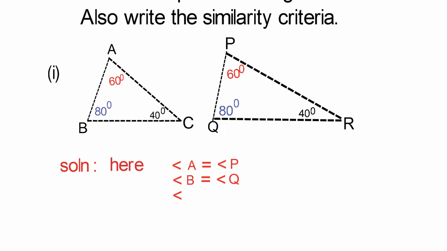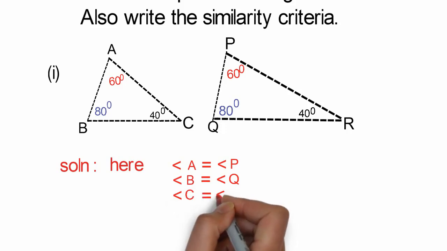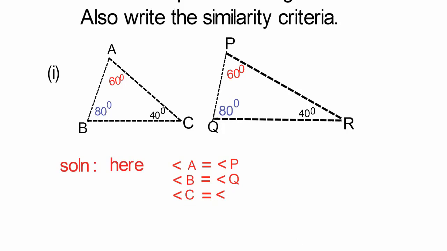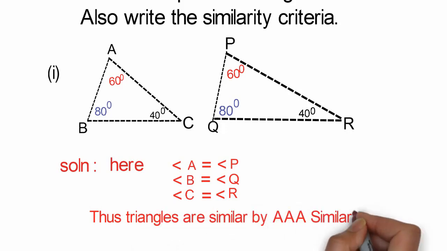Angle C is equal to angle R because both have the measurement 40 degrees. Thus, we can say the triangles are similar by angle similarity.